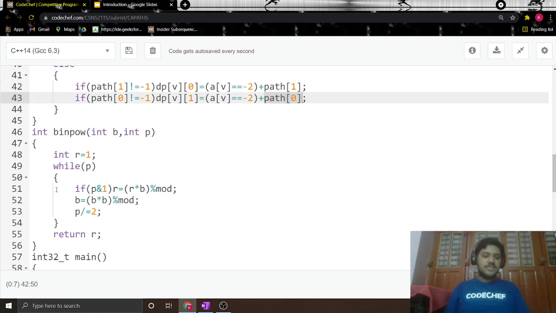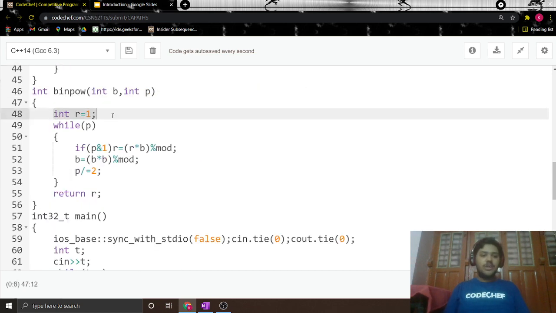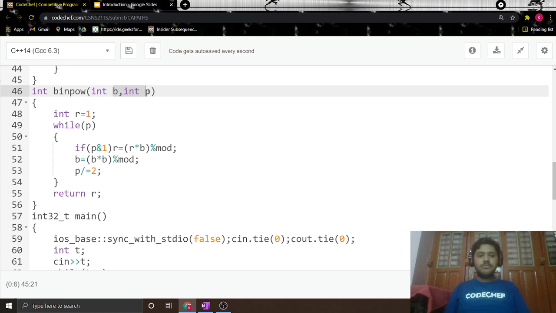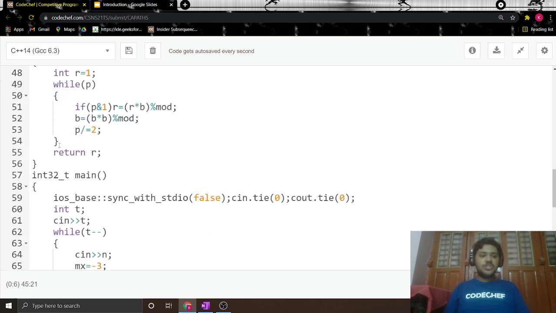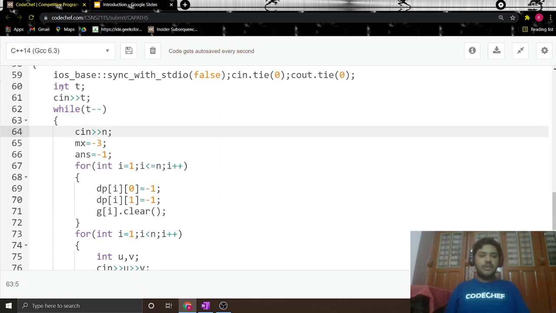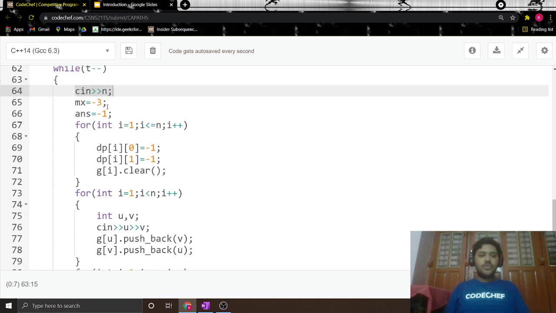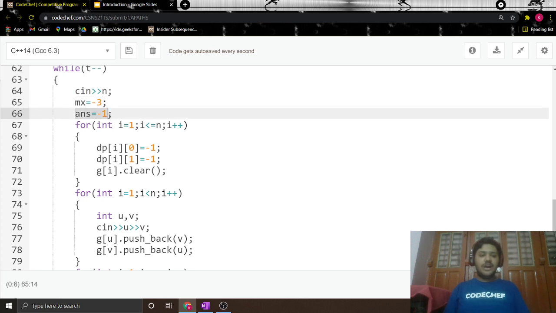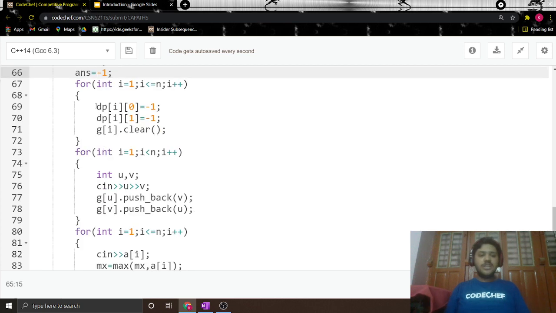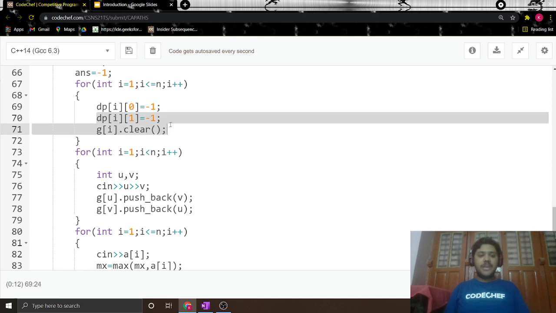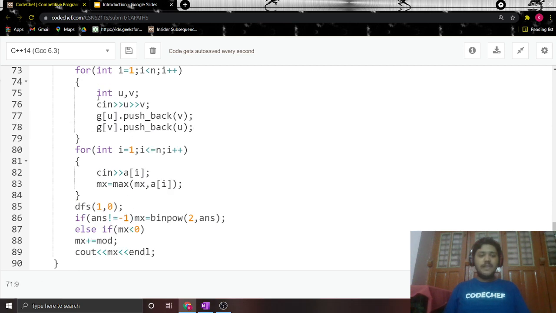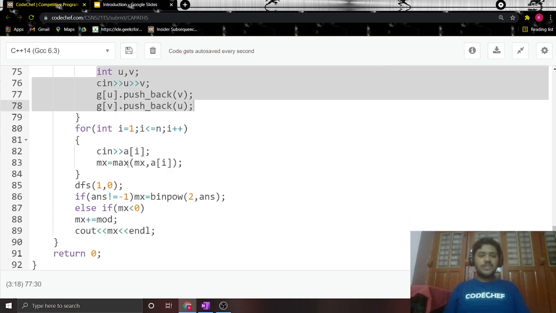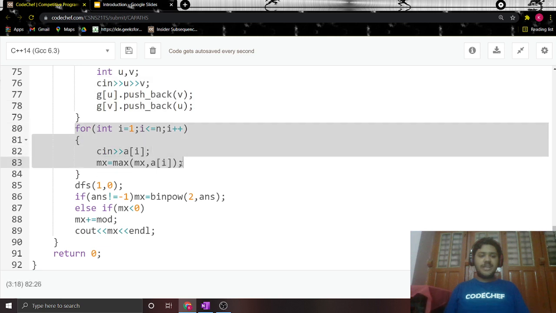Okay, now this is basically the bin power function. You can do this with binary exponentiation. And now here t denotes the number of test cases and n denotes the number of nodes. I initialize the maximum value for all nodes to -3, answer to -1. I clear the input, I make dp[i][0] -1, dp[i][1] -1, I clear the graph, process all the edges, create the graph, and after that I store the maximum of this.